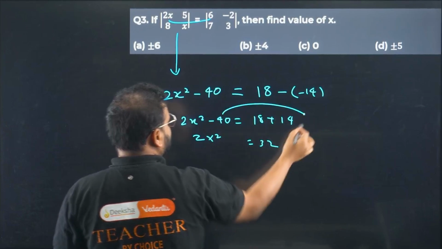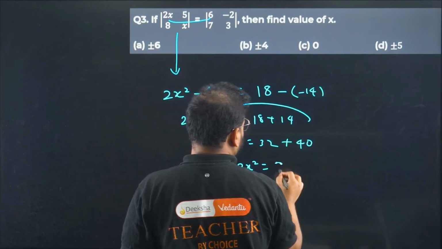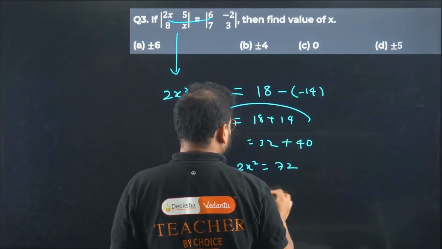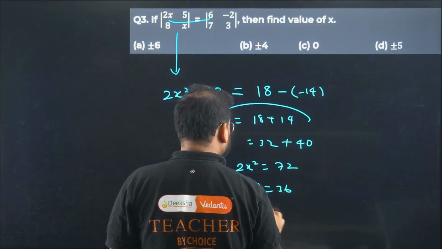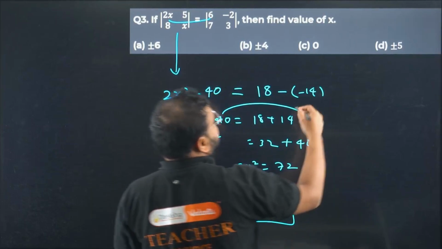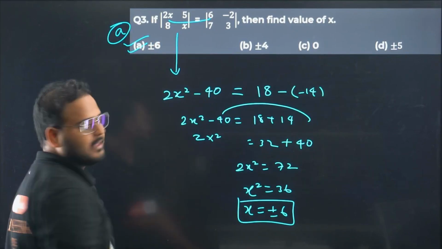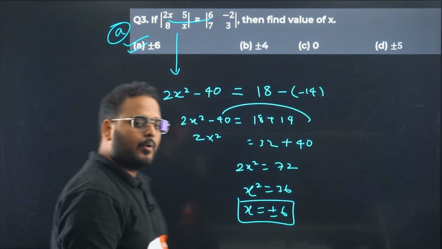Bring 40 on this side, and I get 2x square equals 72. So x square equals 36, and x equals plus or minus 6. Option is A. Clear? Simple question.